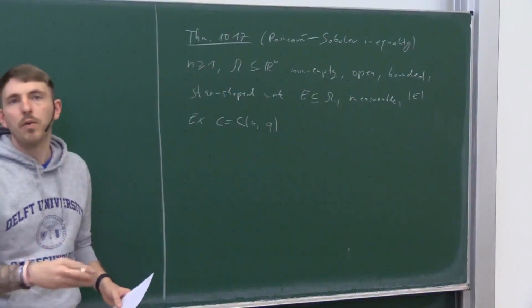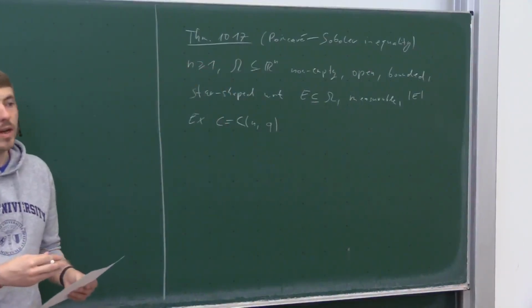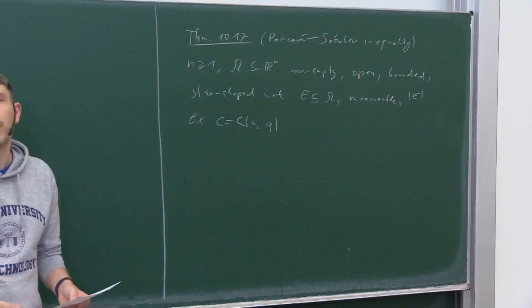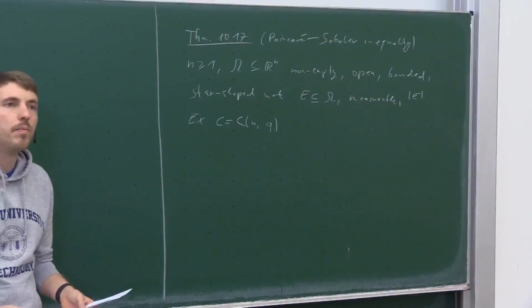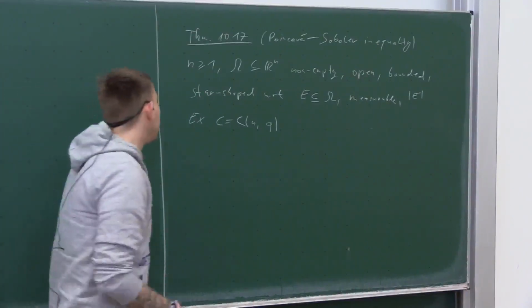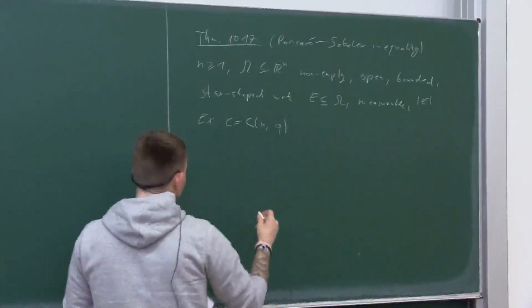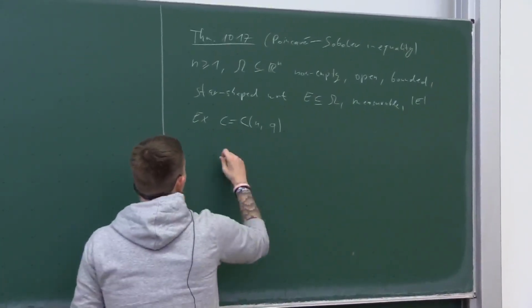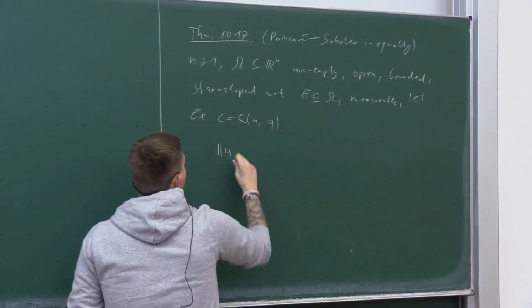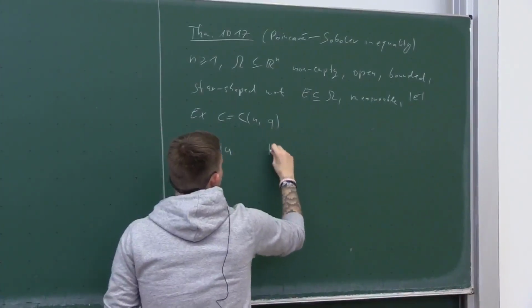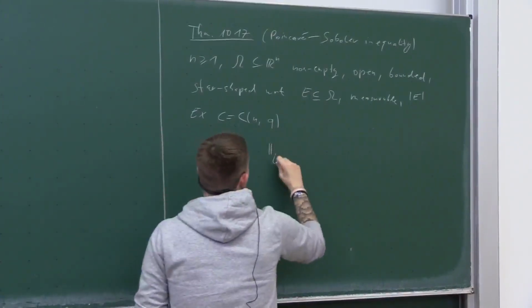I will write down the inequality, and afterwards we will have, as last time, some quantification of which Qs we can treat. Okay, so there is this constant C, and then we claim that we have the inequality for U. It's an inequality in LQ of omega.